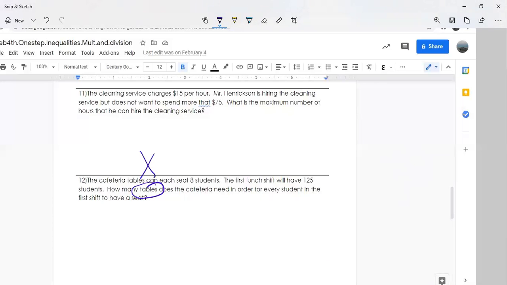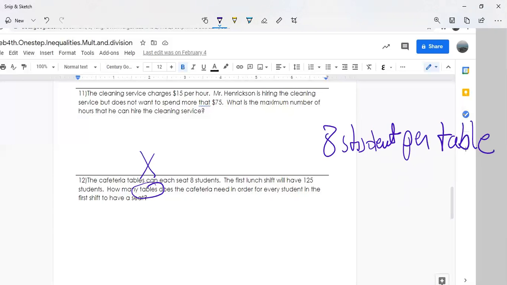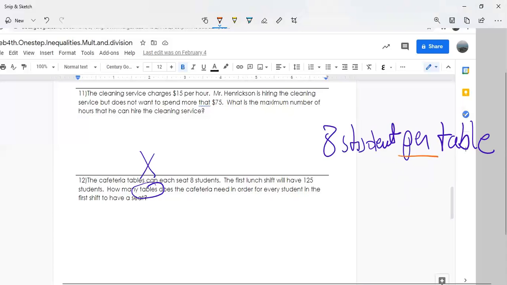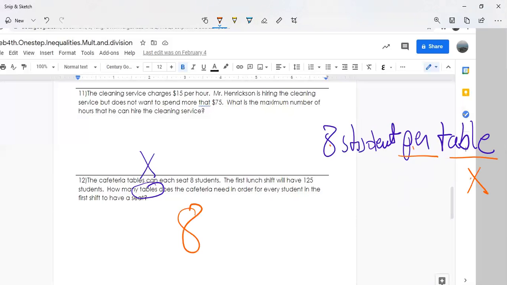We don't know how many, but we know it's 8 students per table. Per means multiply, and we don't know how many tables. So 8 multiplied by x, 8 per table.